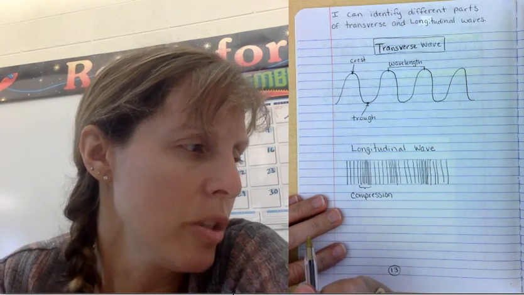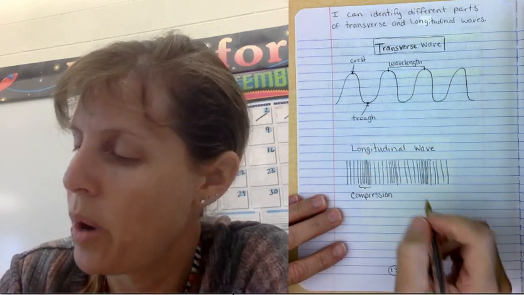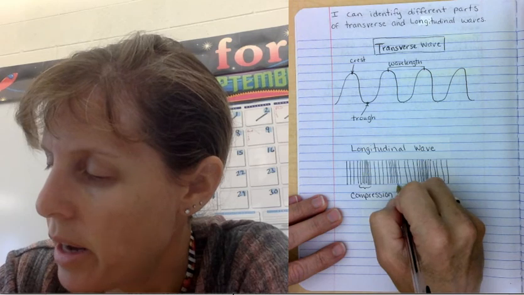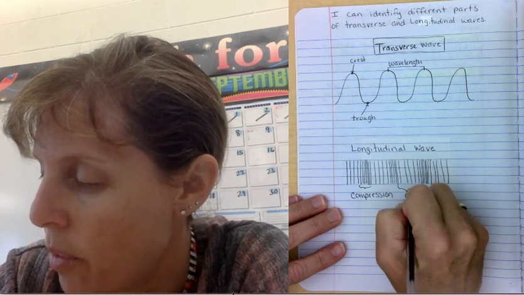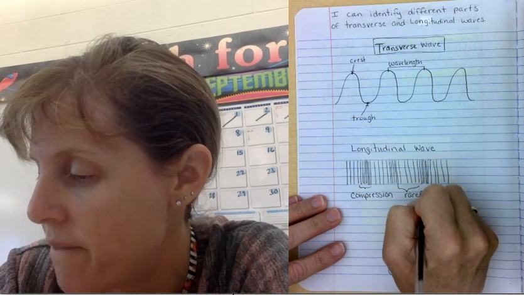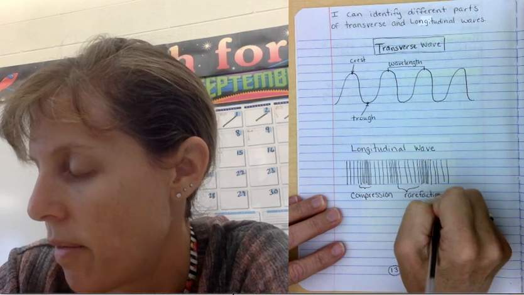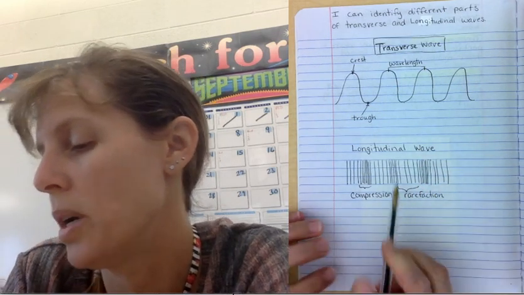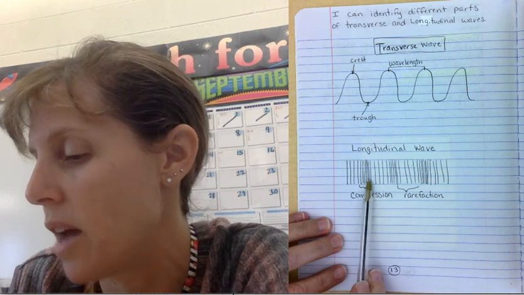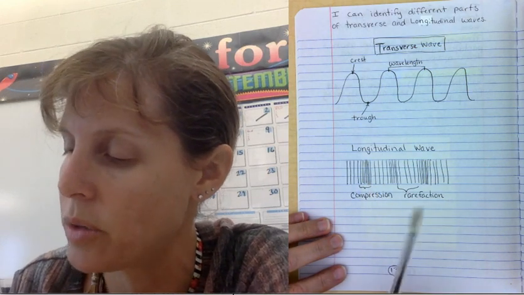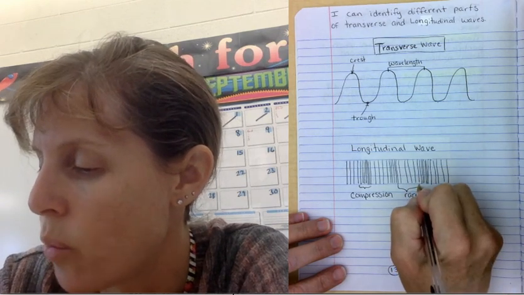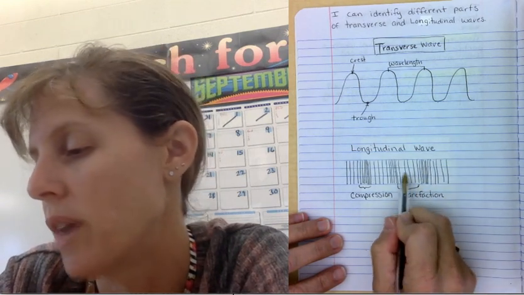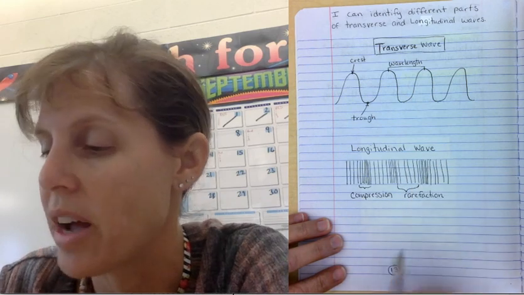When it's not a compression, when it's farther apart, it's called a rarefaction. Remember the two, because compression is like pressed together. See how those waves are close together? And the rarefaction is when they're rarely close together. So rarely close together, rarefaction.